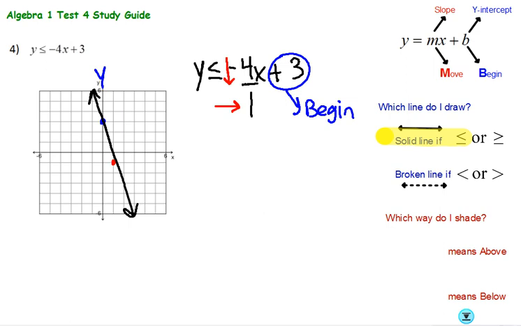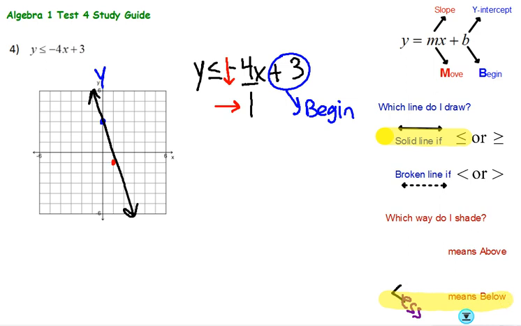Let's take a look at the symbol. That symbol looks like an L to me, so I know that less than means I'm going to shade below. Since that's less, I'm going to shade below.